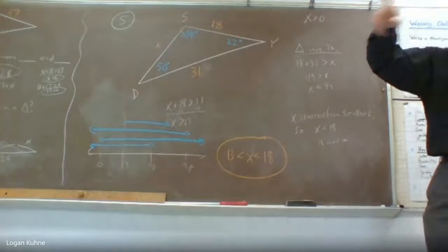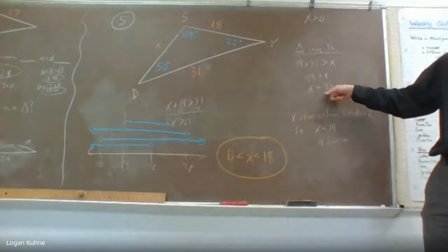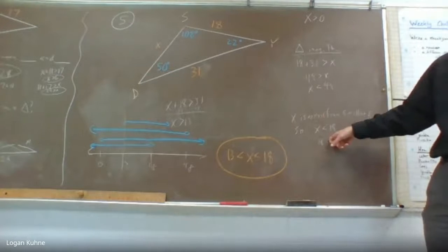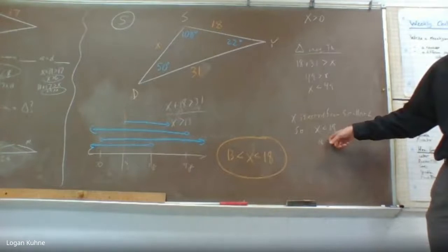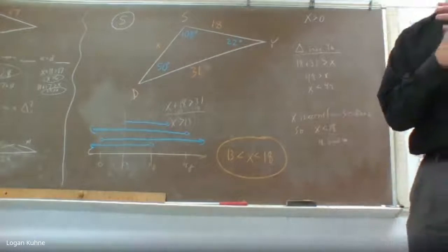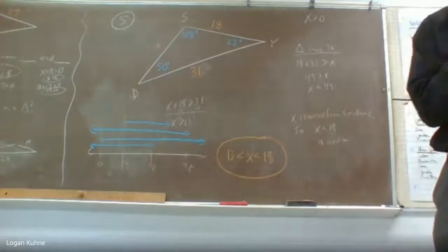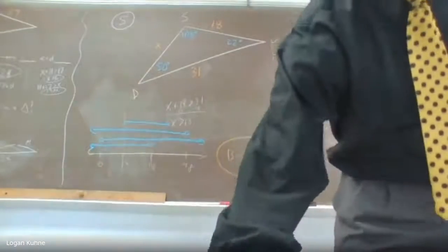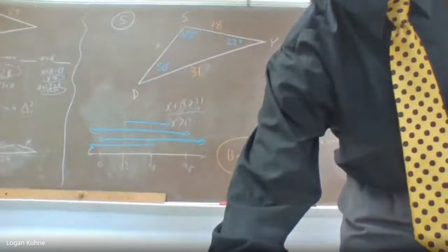I did like what Wade did, where he just tried some numbers, like, well, it's got to be less than 49, so if I do 48, but if it's 48, then that breaks this. So just test numbers, absolutely. Test them, try them out. All right. So that is that.